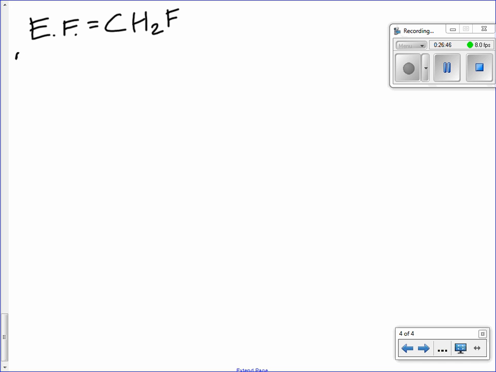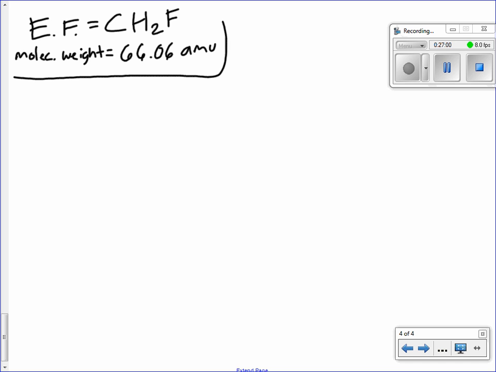Now, the molecular weight of the actual compound is 66.06 AMU. So this is what you're given. Now the problem is going to ask you to find the molecular formula, given the molecular weight and the empirical formula. Okay? So we're going to do it just like we did before.